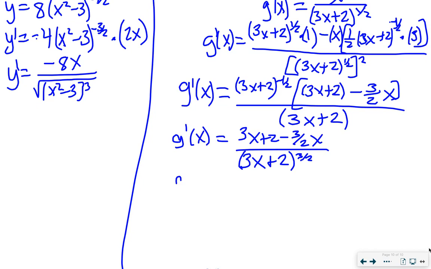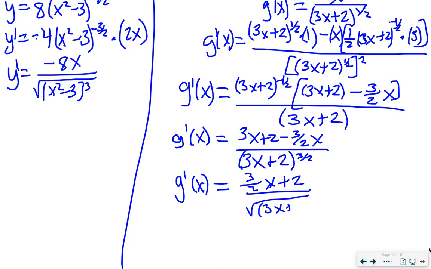And that's going to then give me, what do we got? 3x minus 3/2 x, so that leaves me with 3/2 x plus 2 over the square root of (3x plus 2) cubed.